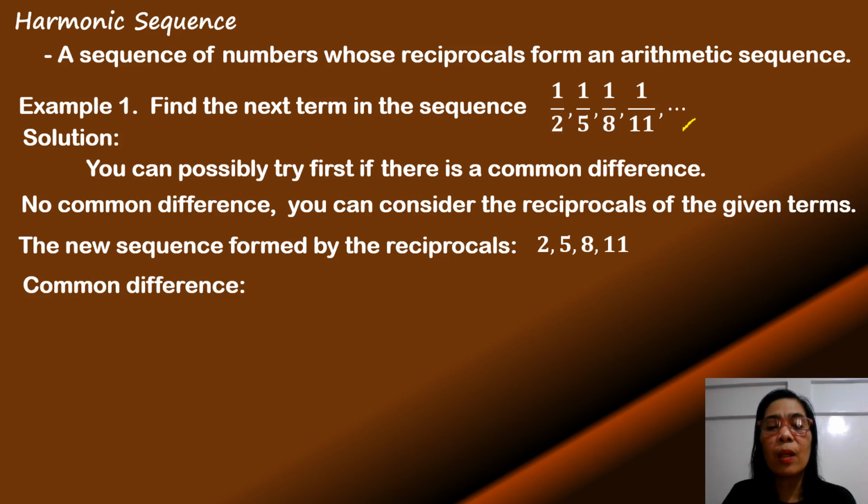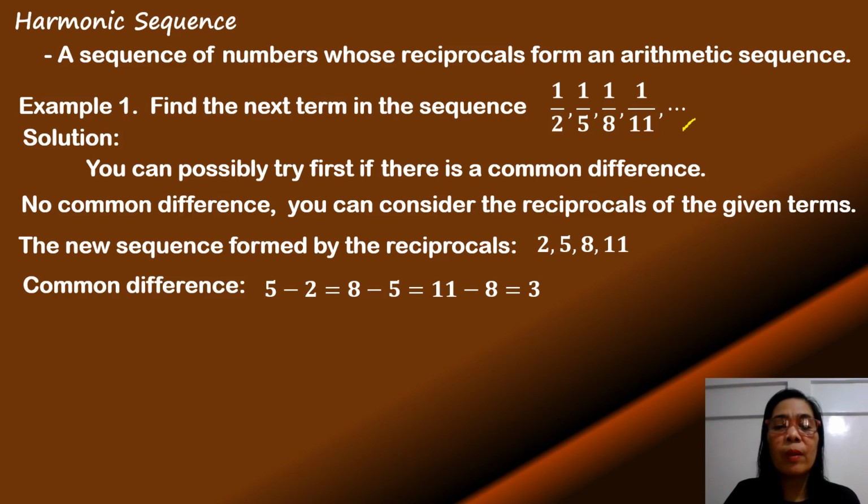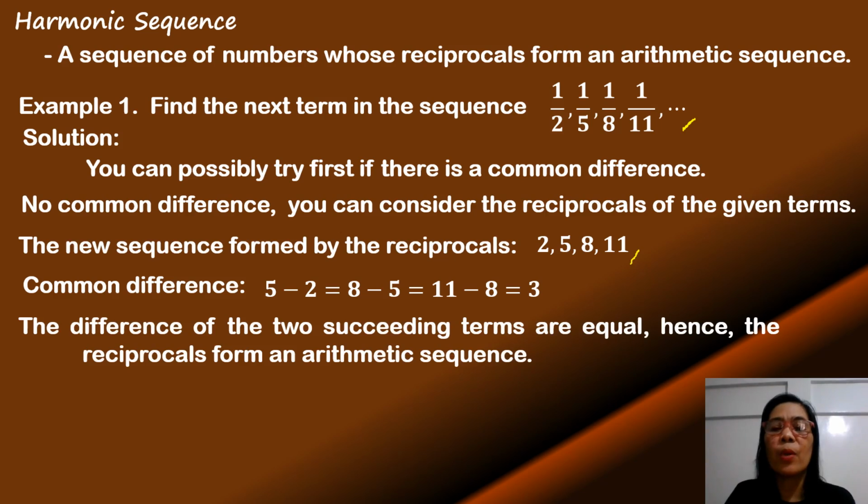So we try to find out what sequence it formed. So we again try the common difference, and you will notice that difference of consecutive terms, that is 5 minus 2, 8 minus 5, and 11 minus 8 have equal difference, which is equal to 3. So we call 3 a common difference, and so therefore the sequence of the reciprocals of numbers form an arithmetic sequence.